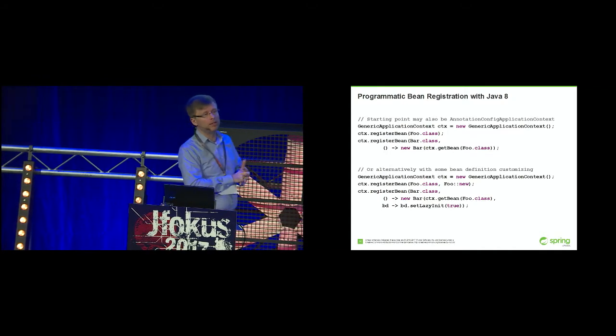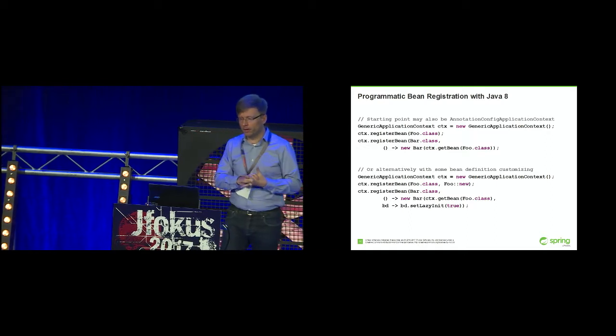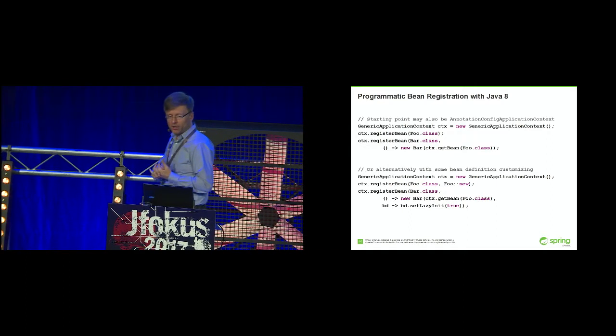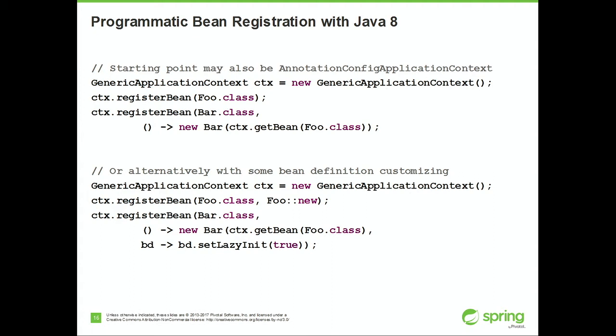This is what you can do right now in Spring Framework 5 M4. If you're setting up an application context, you can register beans using suppliers. You don't have to specify a supplier, which is kind of a creation callback, a Java 8 supplier. But if you're happy with the default constructor, register foo.class.